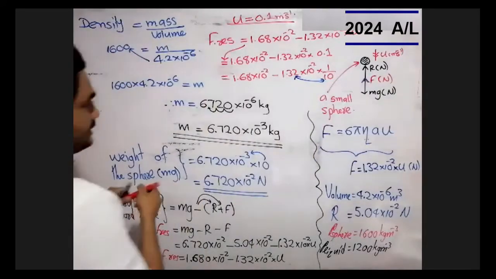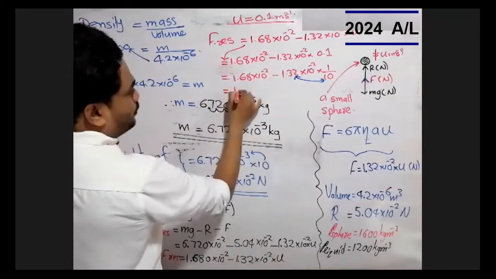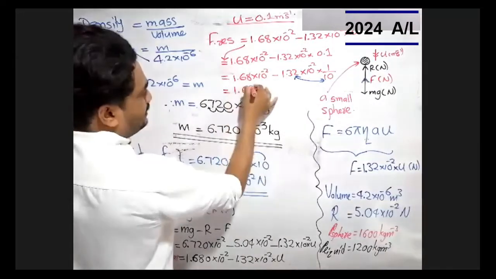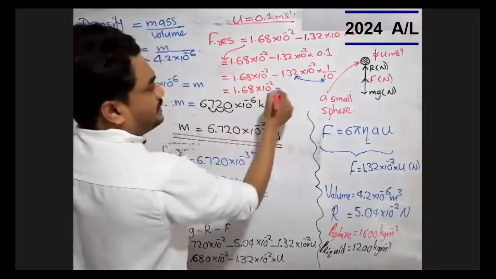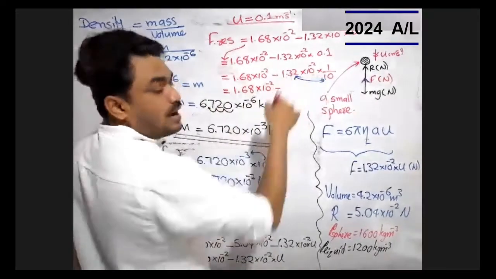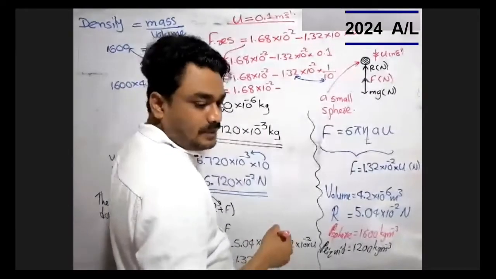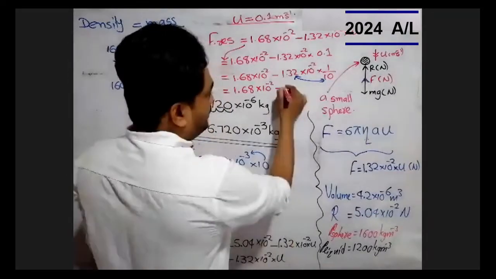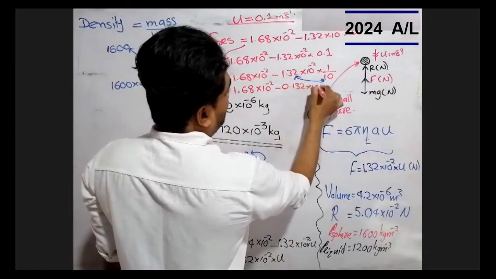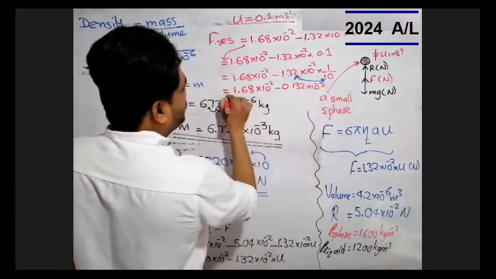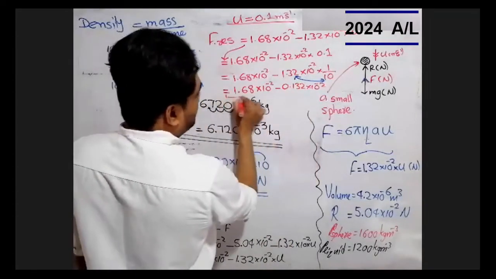So then what's the answer? 1.68 into 10 to the power minus 2 minus, if you divide 1.32 by 10, it will be 0.132 into 10 to the power minus 2, right?